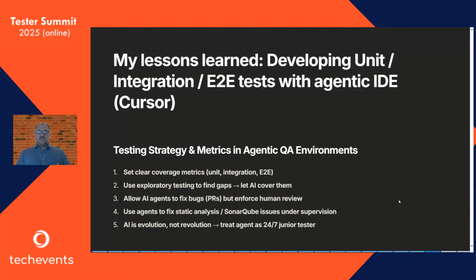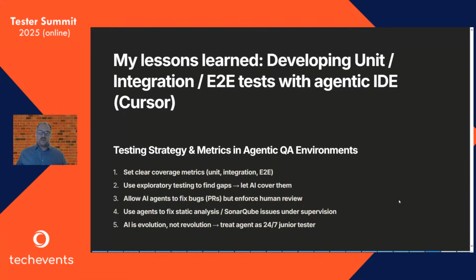To measure the efficiency of the AI workflow, you can also measure how many tests passed the first time and how many failed the first time. The more that pass the first time, the better your AI workflow works. And also allow the AI agent to fix bugs with some prompts, but always remember to use human review.